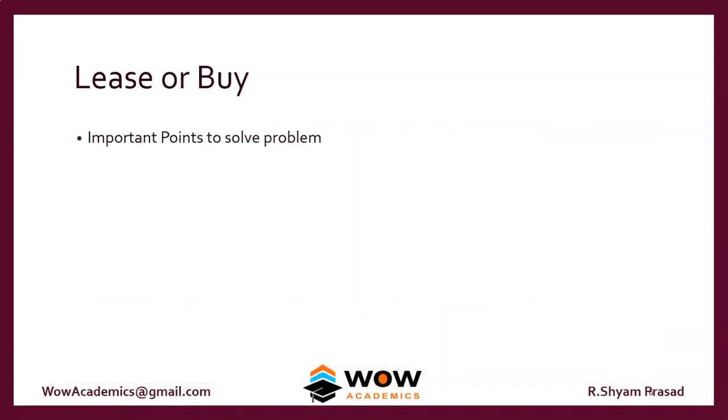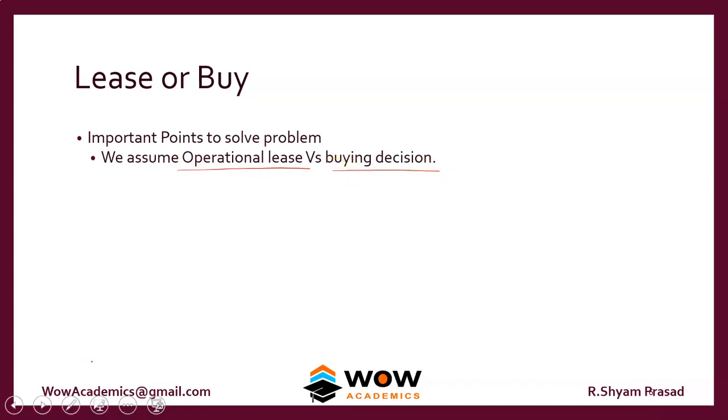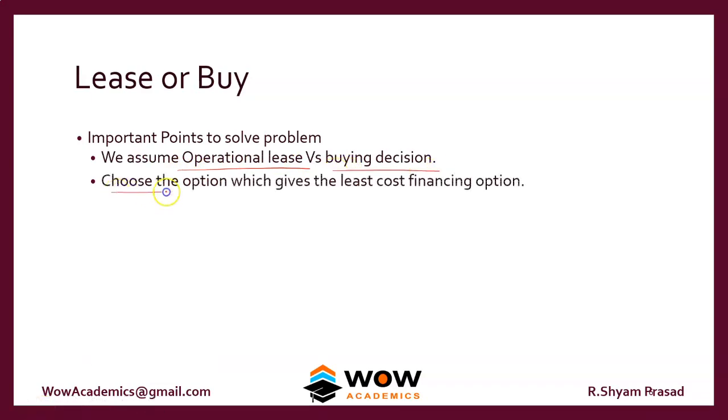There are some important points when we are trying to solve a lease or buy problem. Normally we have to assume an operating lease versus buying decision. Choose the option which gives you the least financing cost. Always use the after-tax cost of borrowing as the discount rate.